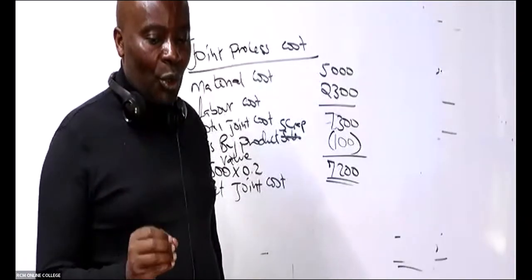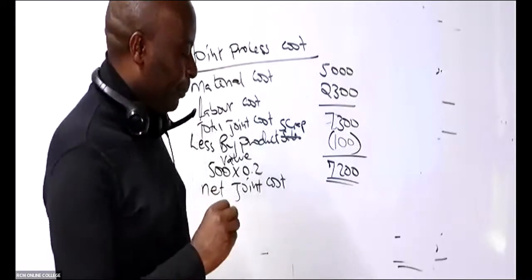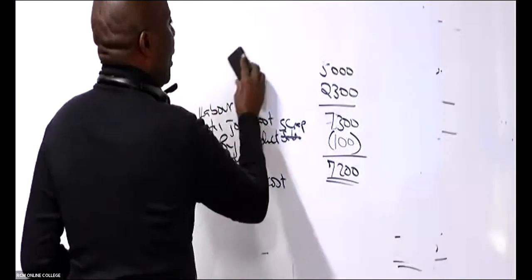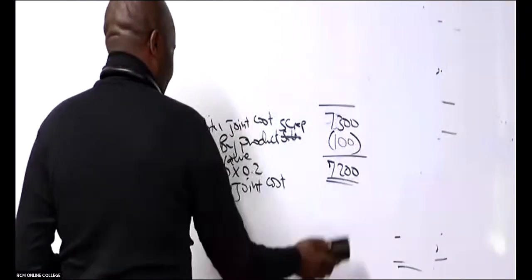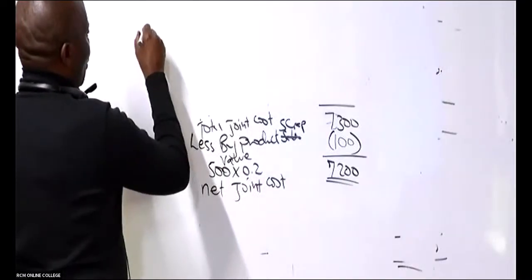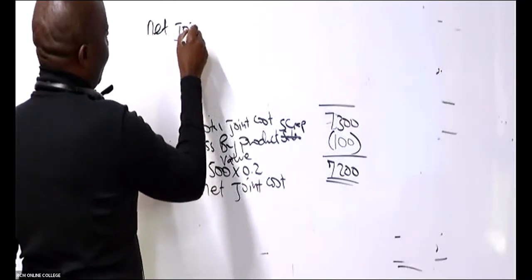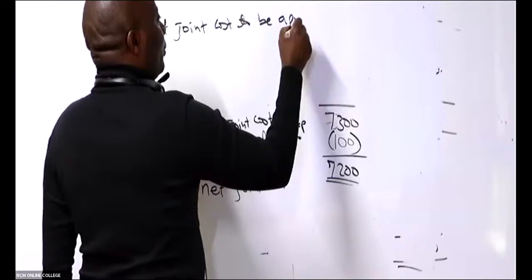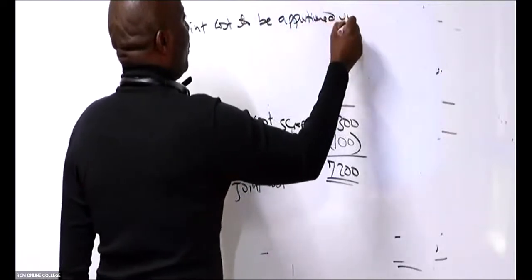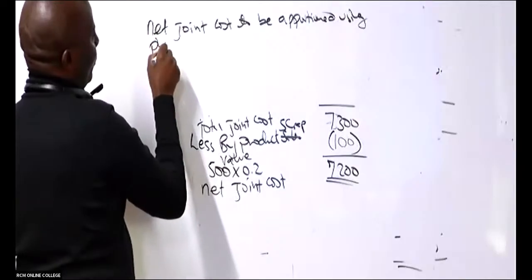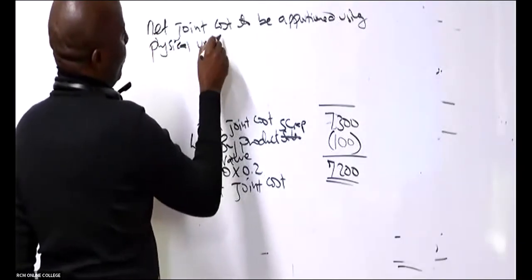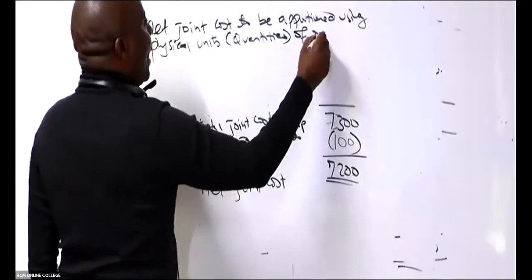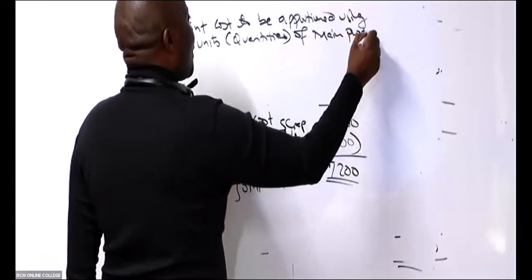So the net joint cost is to be apportioned using the number of units produced, of main products. Don't use byproducts.